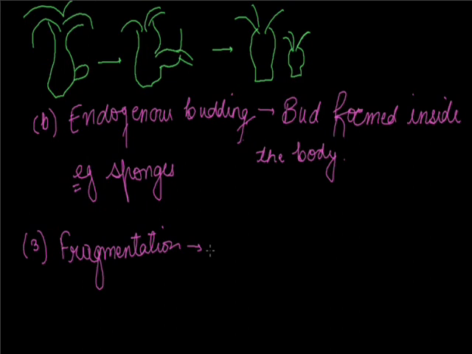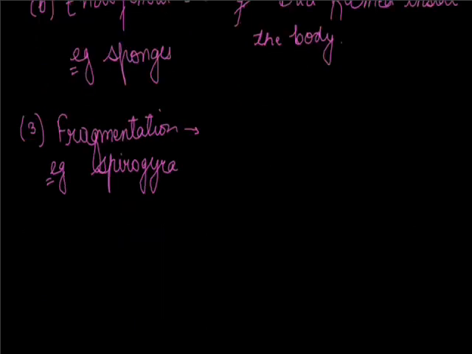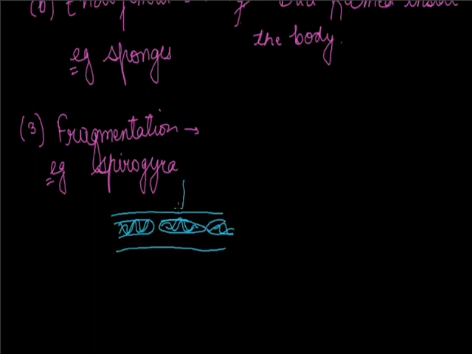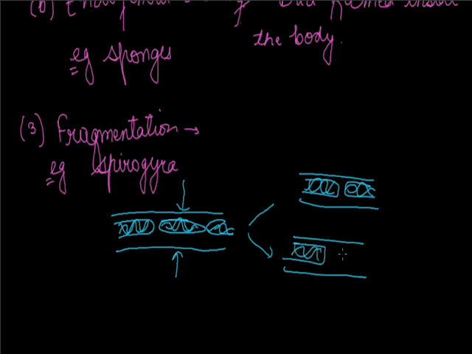The example we are taking is Spirogyra. In Spirogyra, if the filament is cut into pieces, then each piece will grow as a separate individual. So here it is fragmentation.